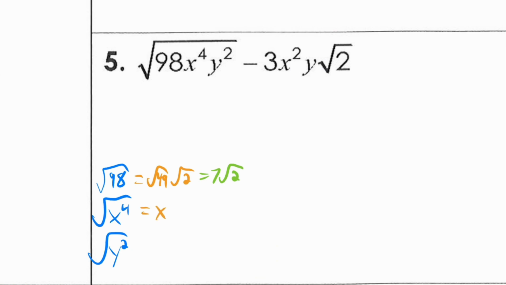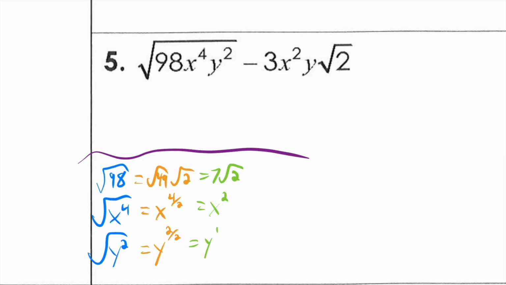Square root of x to the 4th is x to the 4th, all to the 1/2. It's the exponent divided by the root or index, which is x squared. Square root of y squared is y to the power of 2 over 2, which reduces nicely just to y. And so back up here, this is 7x squared y times the square root of 2 minus 3x squared y times the square root of 2.